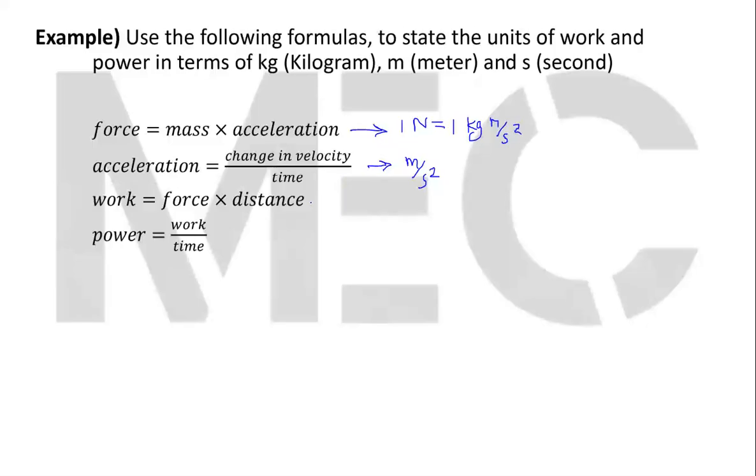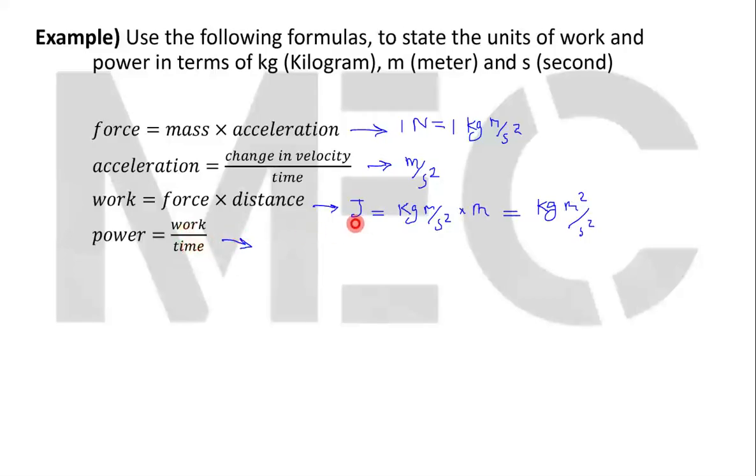So let's apply it here. The unit of work is joule. Joule is force, so kilogram meter per square second, times distance, which is meter. So it will be kilogram meter squared over second squared. And then the last one, power, is work over time.